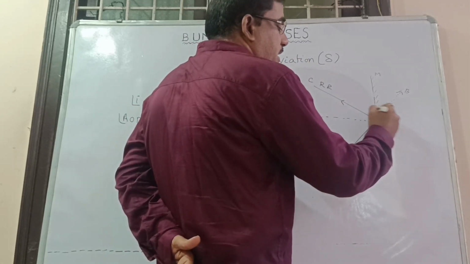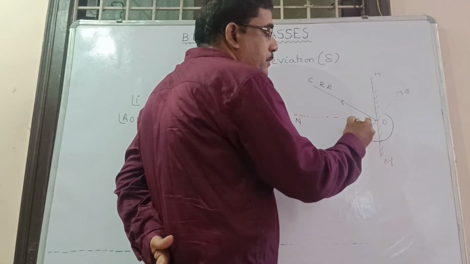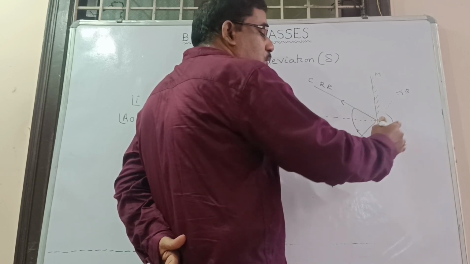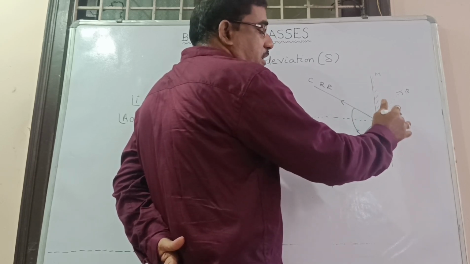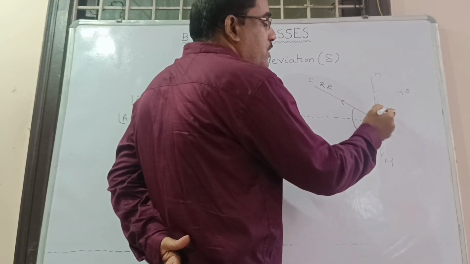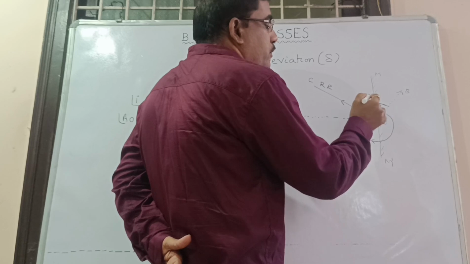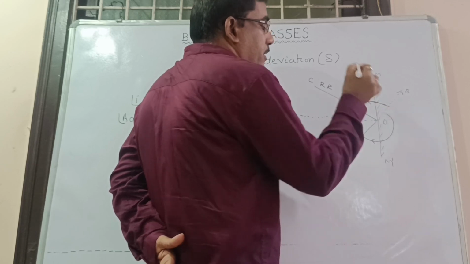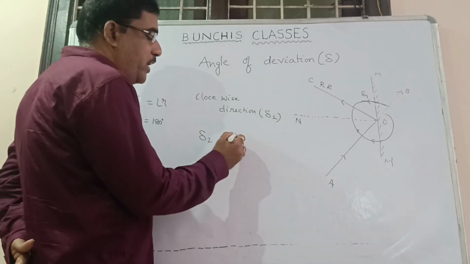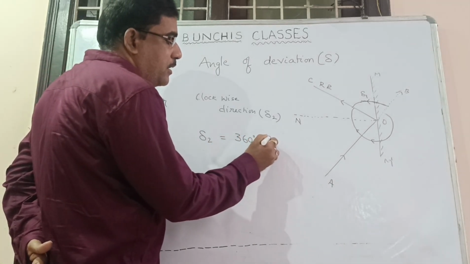So to find this deviation, we have to find this angle. The total angle is 360 degrees. From this total we have to subtract this part, which we already deviated, it is delta 1. So delta 2 is equal to 360 minus delta 1.